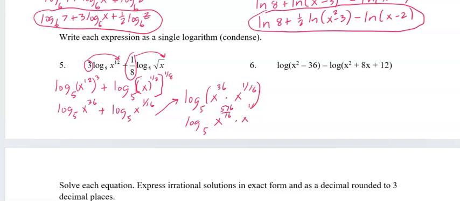And then, of course, this is already in 16ths. And I'm running out of room, but I put those together as, come down here at the top of this, log base 5 of x to the 577 over 16 power.